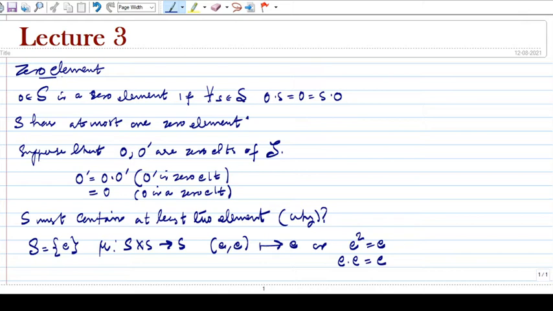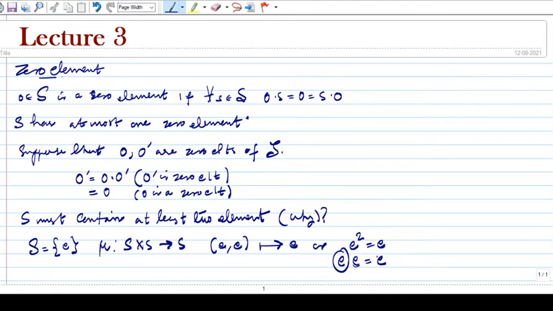Okay. So maybe we can think about, does this semigroup contain an identity element? What is the property of identity? When you multiply with the identity, you will get the element, right? But that is also happening here, right? When e is multiplied with this e, you are getting the same e.